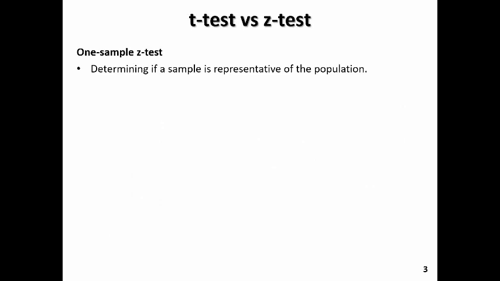Just a couple more points on the t-test versus the z-test. The one sample z-test is carried out to determine if a sample from a population is representative of that population. And that can only be carried out if the researchers have information on the population standard deviation.